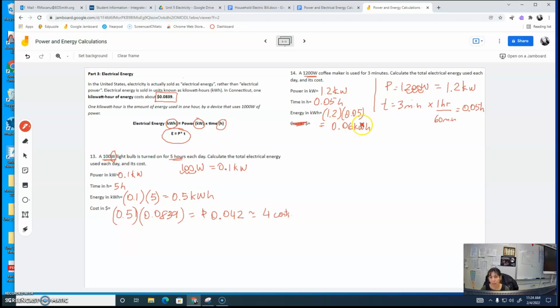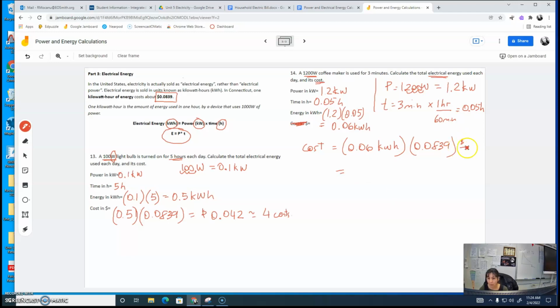Again, I'm not done, okay? I calculated the electrical energy, but I have not yet calculated the cost. So how much money am I going to have to pay? Well, I'm going to take the energy that I'm using, 0.06 kilowatt hour, times how much the company is charging me for every kilowatt hour that I use. So the company is charging me 0.0839, about 8 cents for every kilowatt hour that I use.